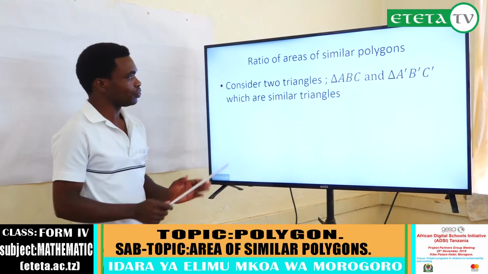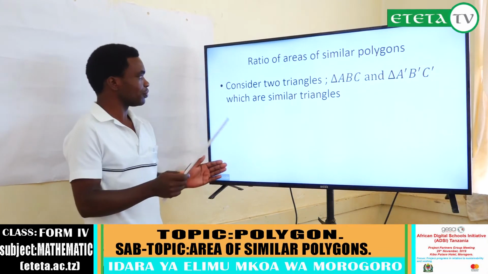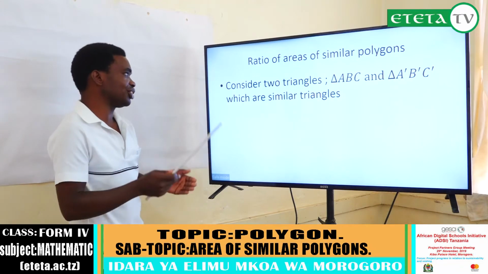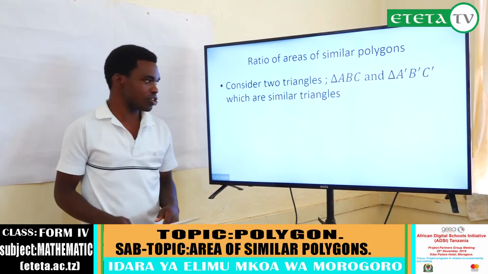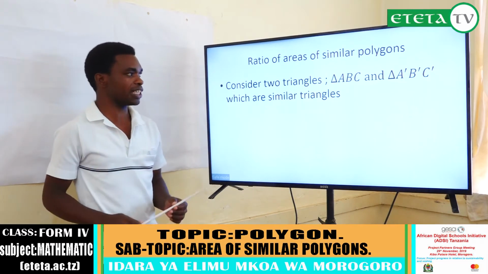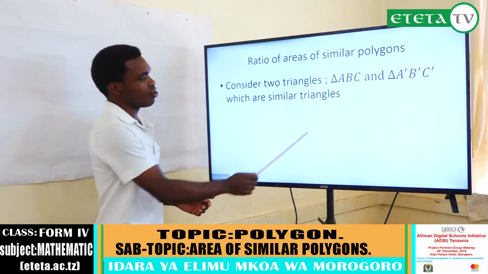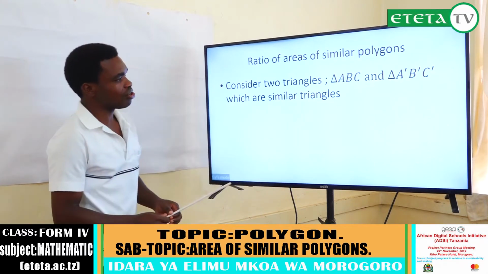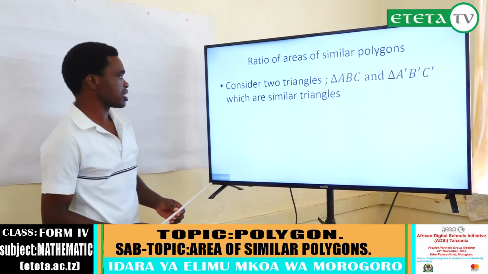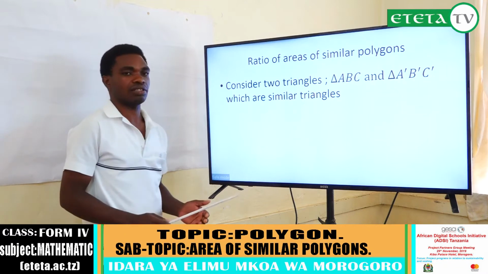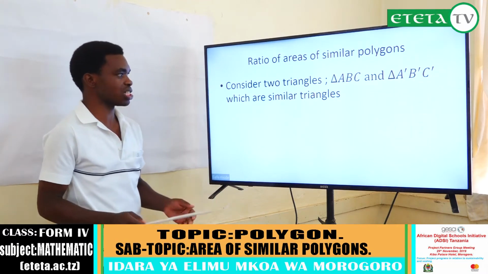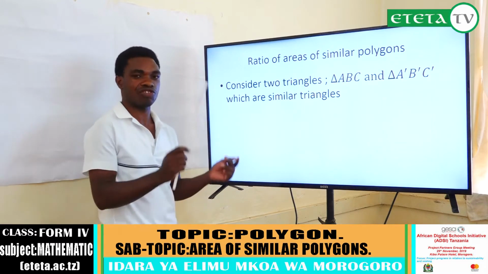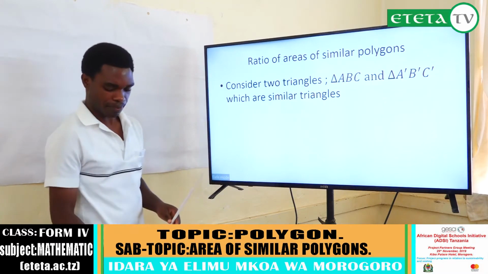In order to learn the ratio of areas of similar polygons, we can consider two triangles. For example, triangle ABC and triangle A dash B dash C dash, which are similar. Because we are going to discuss the area of similar polygons, we must make sure that the triangles are similar.